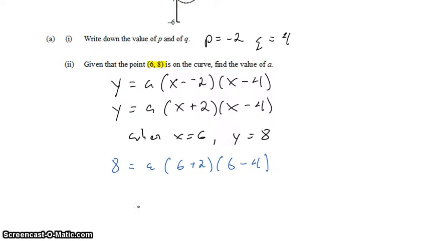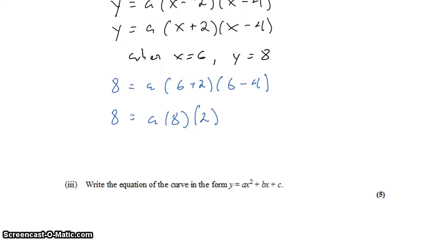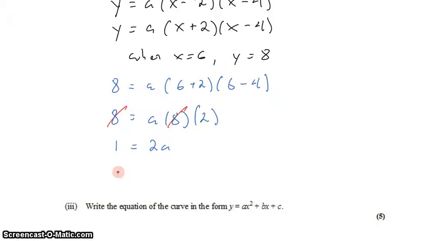And that'll help me simplify and solve for A. 6 plus 2 is 8, and 6 take 4 is 2. 8's are on both sides, so they cancel, and this gives me 1 is equal to 2A, or A is equal to 1/2.